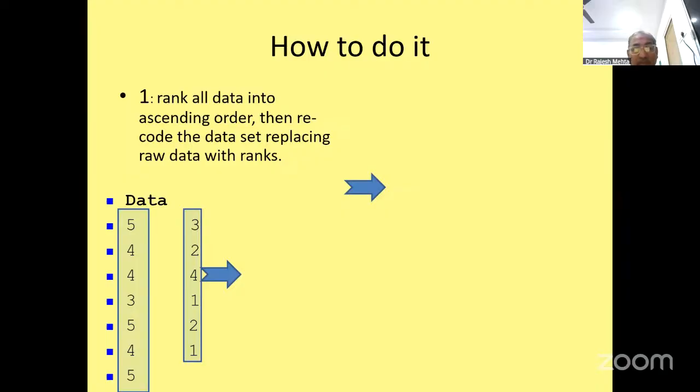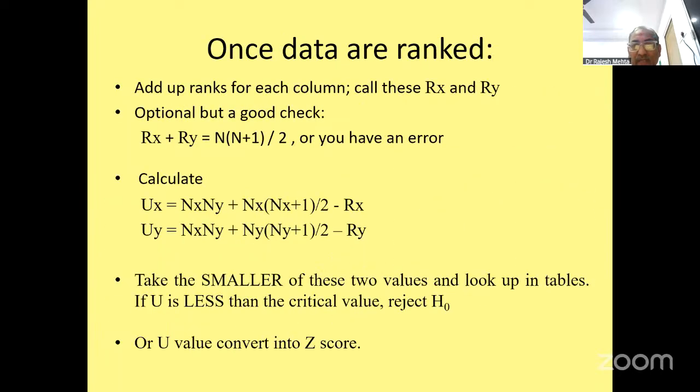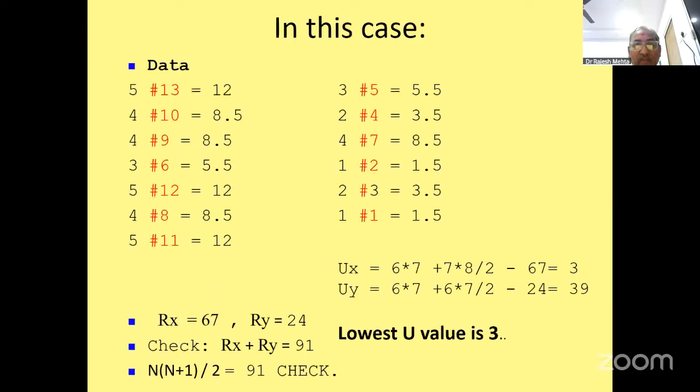And you can say that this is a score which is the outcome of some treatment. A wonderful treatment, you say 5. Less treatment, 4. If not improved much, you can say 1, something like that. So the ordinal data is with you. You want to comment on this. So this was converted into rank. Rank was harmonized by taking an average. Based on that, U was found out, and Ux and Uy, whichever is smaller, that was U.